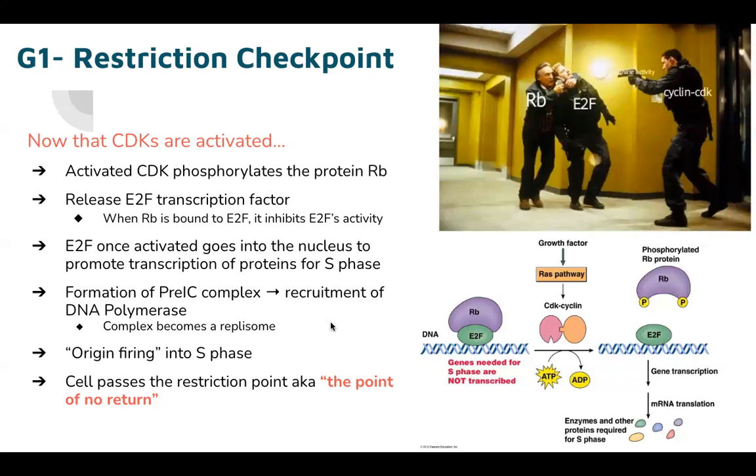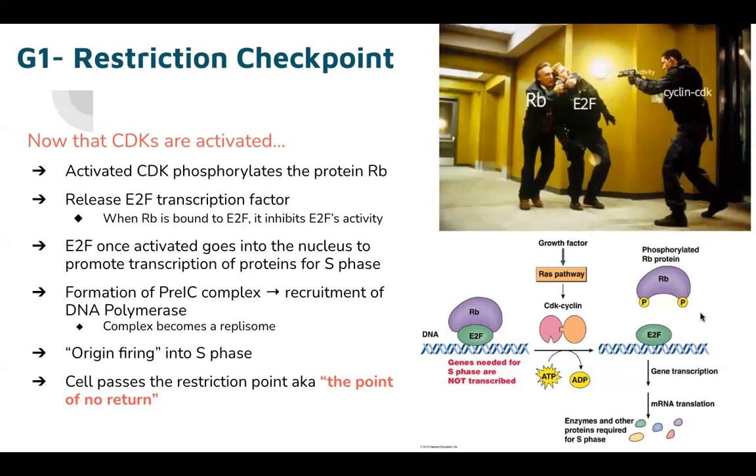And so the pre-IC complex, once it's formed, allows the recruitment of DNA polymerase. And after that, origin firing can occur, which is the start of S phase.